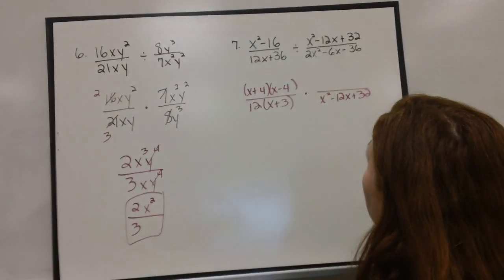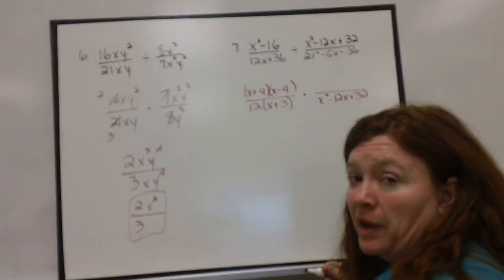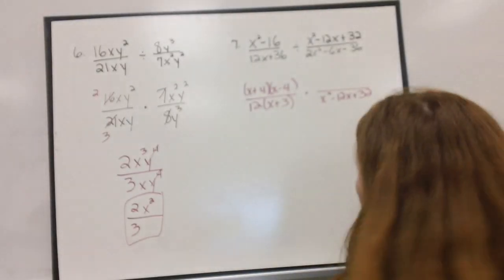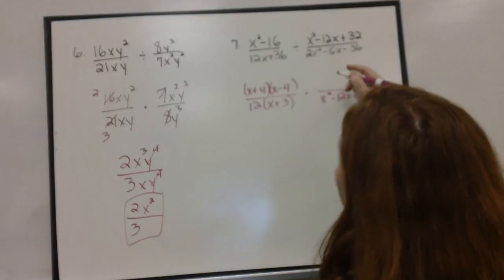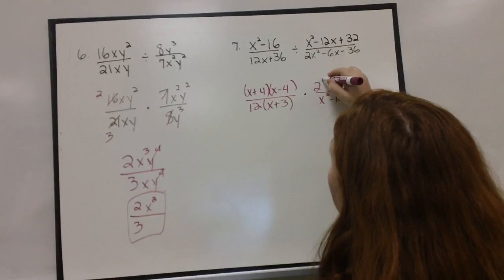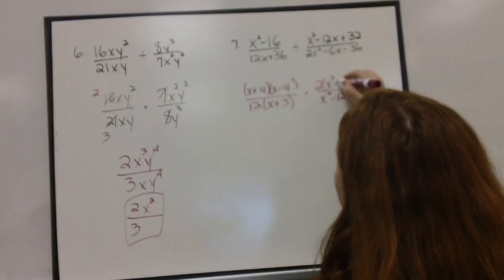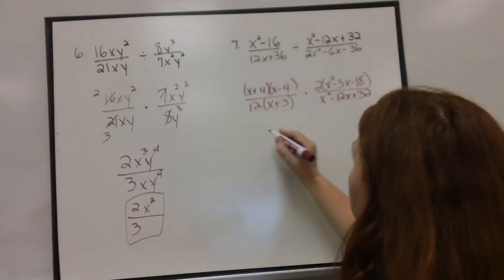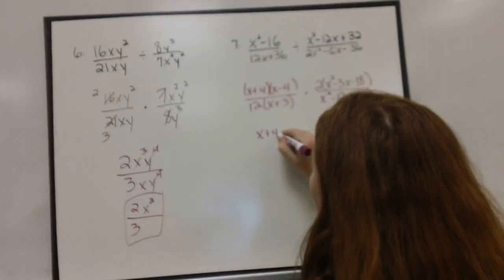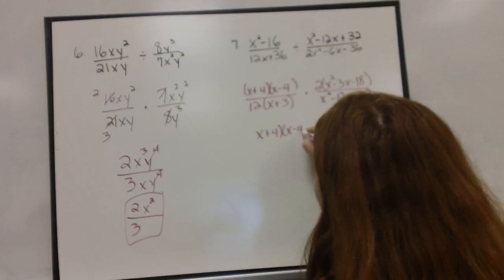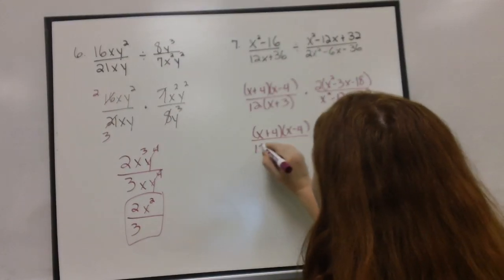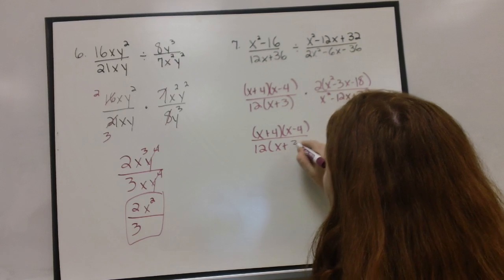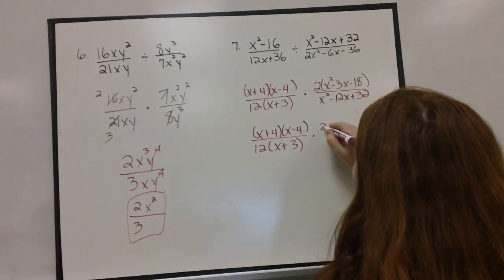So I'm going to go ahead and take out the common factor of 2 right now while I flip it. This gets moved to the top, and I'm going to take out the common factor of 2. Let's keep going. X plus 4 times x minus 4 all over 12 times x plus 3 times.